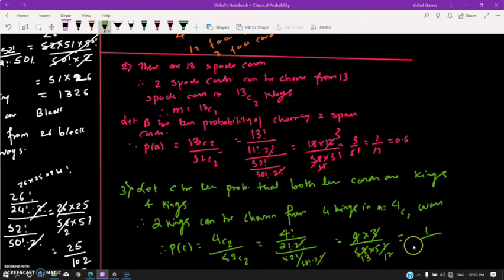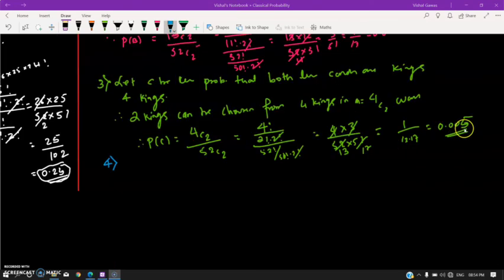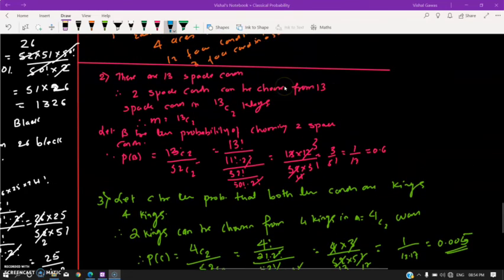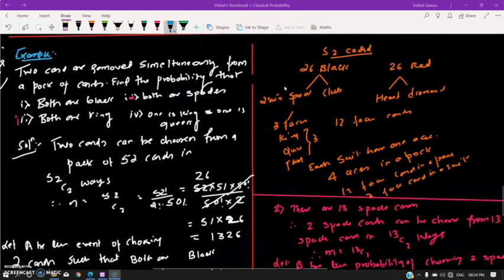This comes out to be 1 over the product of 13 and 17, so 1 divided by 13 and then again divided by 17, which is 0.004. Let's check it out. I sometimes make mistakes. So we have this as 0.005.